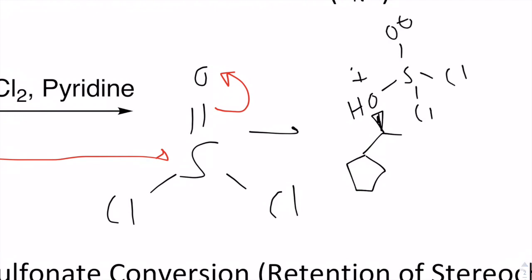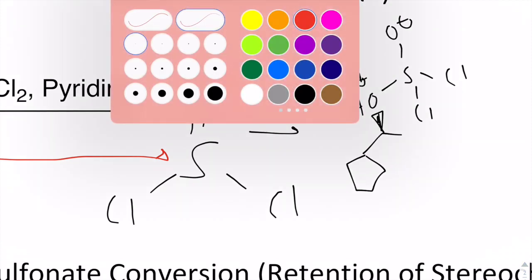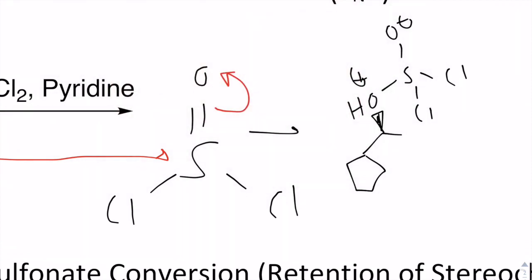So the result of that step, let me zoom in over here, is going to be, okay, and what happens is that we need to generate some source of chloride. So these lone pairs on the oxygen can resonate down and actually facilitate the removal of the chlorine.